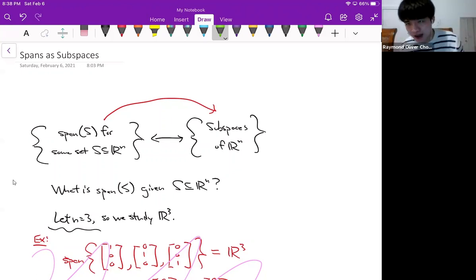Then the second thing you do is say, okay, if you have a subspace, just start picking vectors and closing them under span until you can't do that anymore. At some point you have to stop, otherwise you get all of R^n.